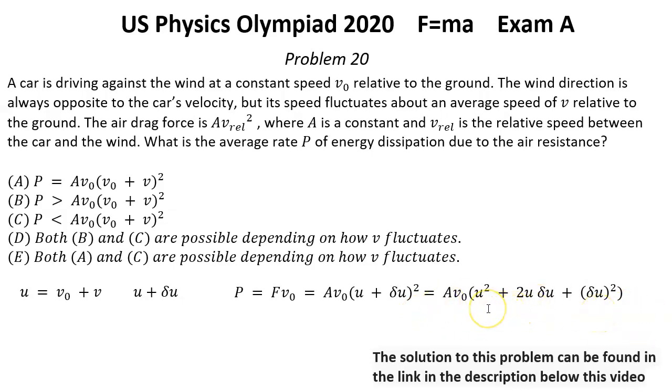Here U square is constant, the average for the second term is 0, and the third term is always positive. It means that P is greater than A V0 U square. And this is answer B, and that was solution for problem number 20.